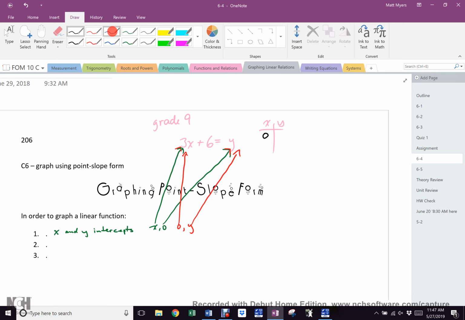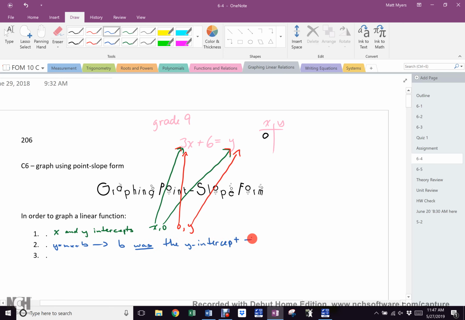And then the next thing we talked about was y equals mx plus b. And that told us that b was the y-intercept.